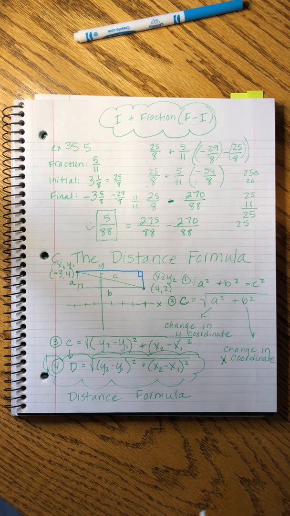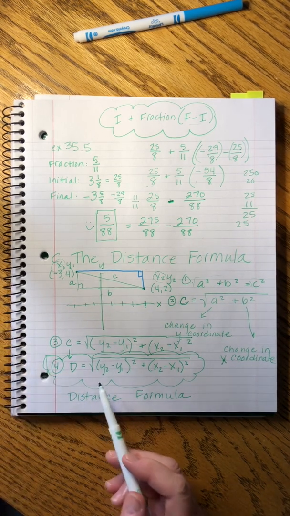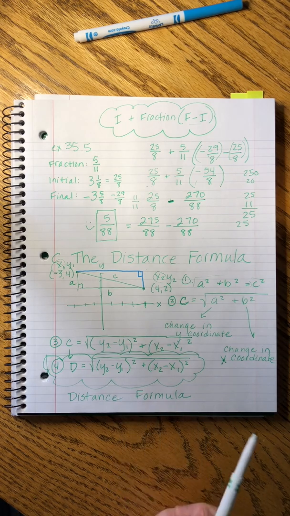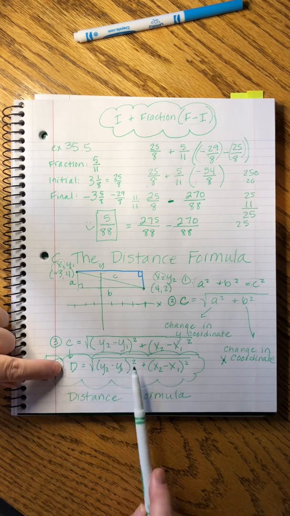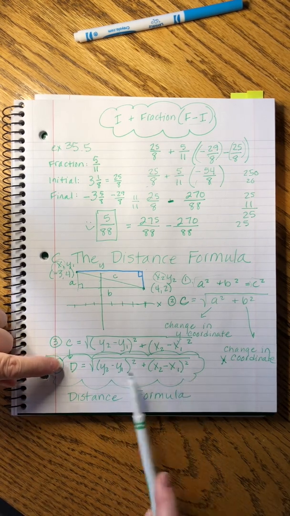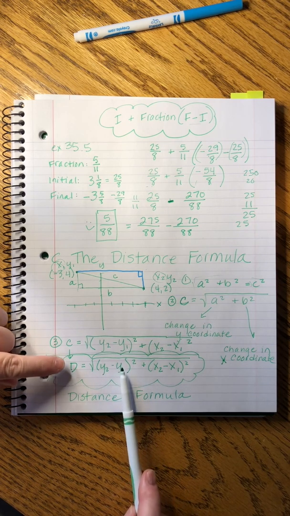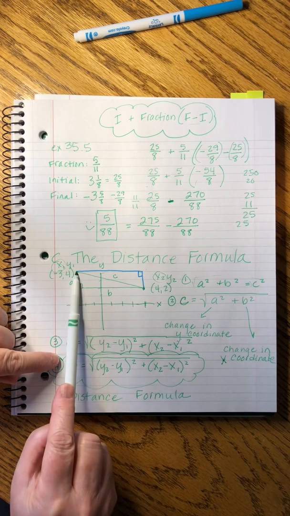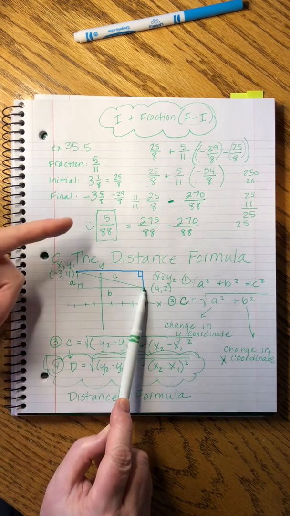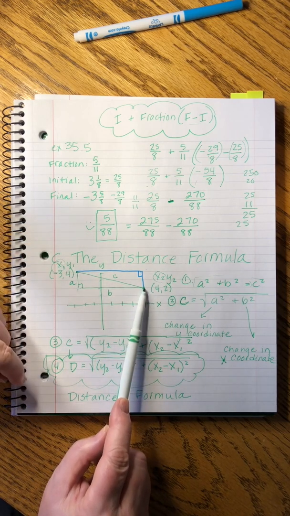Okay, one thing I wanted to point out about this that John points out really carefully, because we're squaring these changes in coordinate, we could measure them in either direction. We could measure from here to here, which is what we did, or we could measure it from here to here.